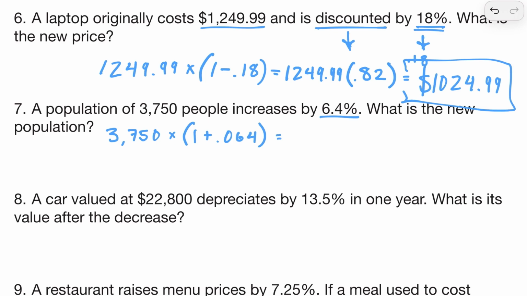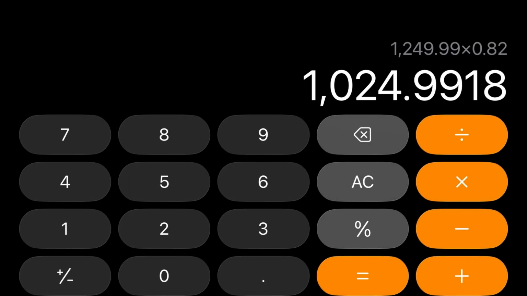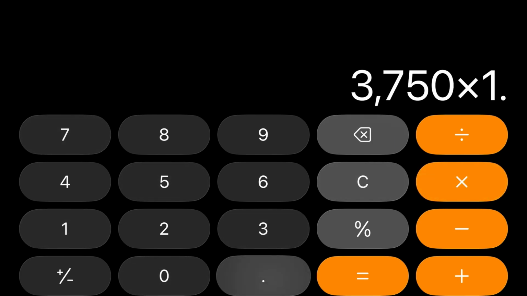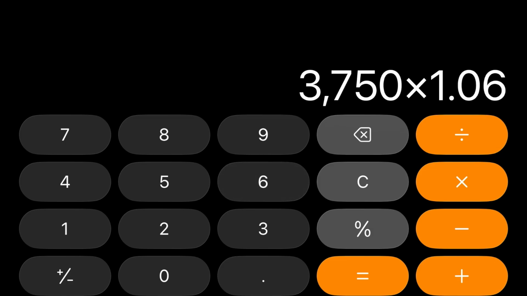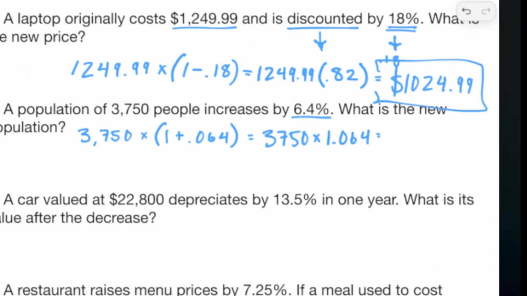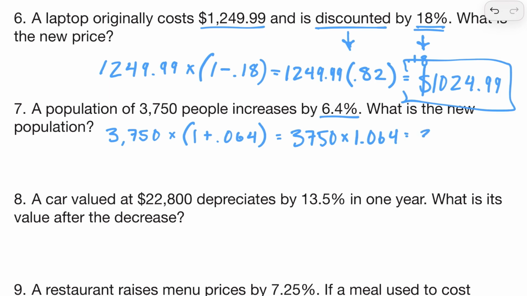This is going to be 3,750 times 1.064. Let's plug this in and see what we get. 3,750 times 1.064 equals 3,990. That is the new population.